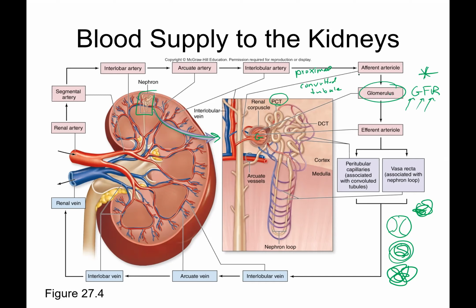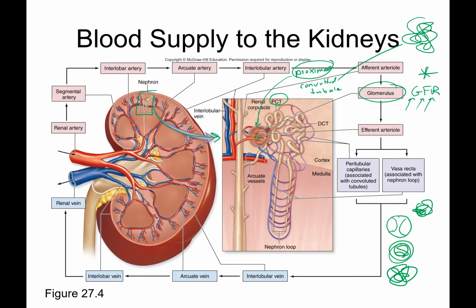It gets its name because it is the most proximal or nearest to the glomerulus. It's convoluted, which means it's all kind of twisted, and it's a tube. So the PCT, the proximal convoluted tubule.